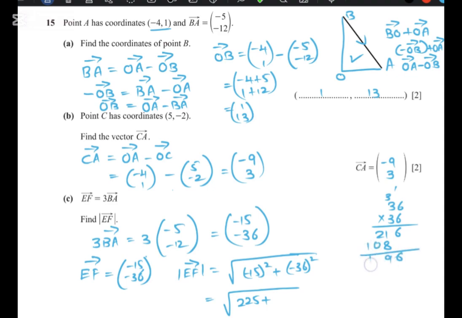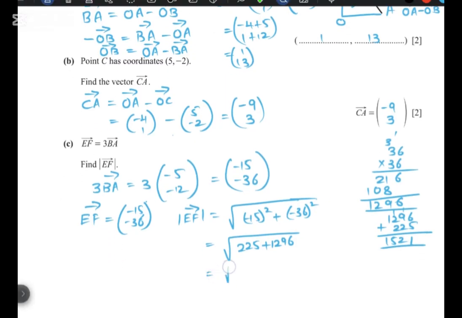So it is 1296. If I add 1296 and 225, I get 1521.